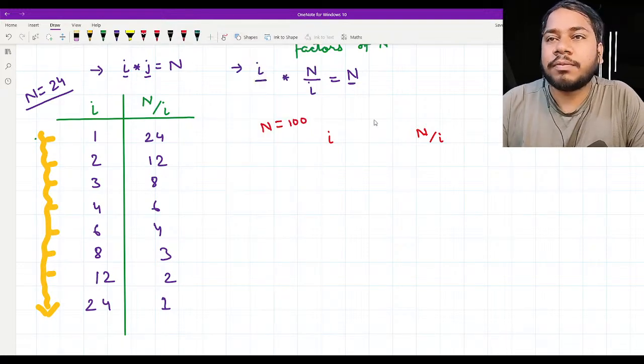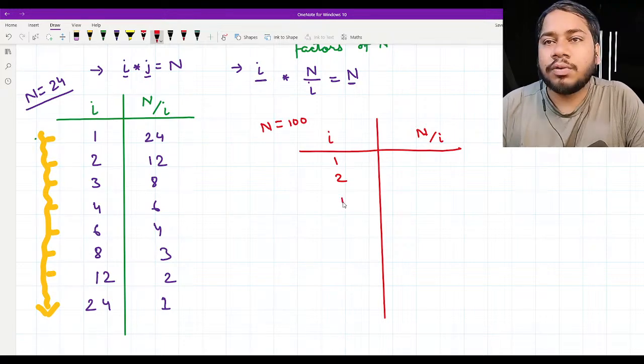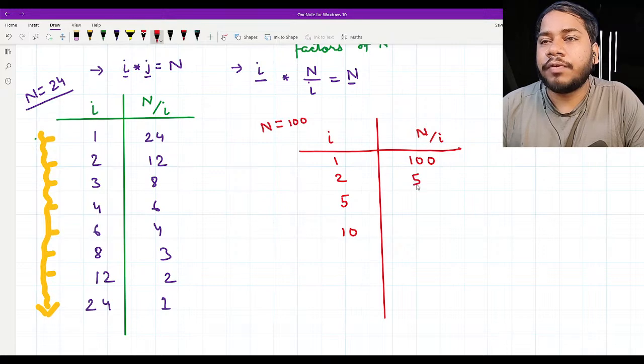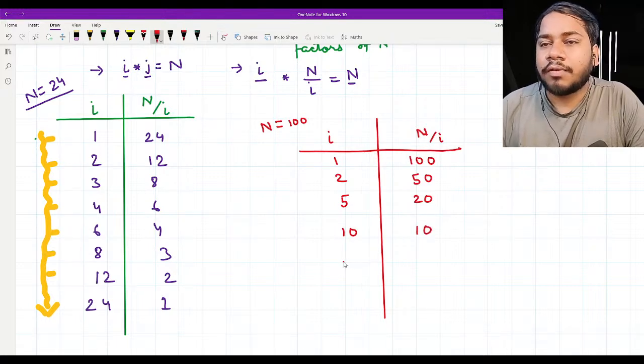We have 1, 2, 5, 10, after that 20, 50, 100 as the partners, and then after 10 we get 20, 5, 50, 2, 100, 1.